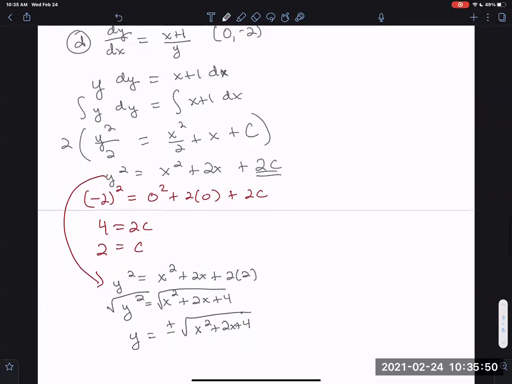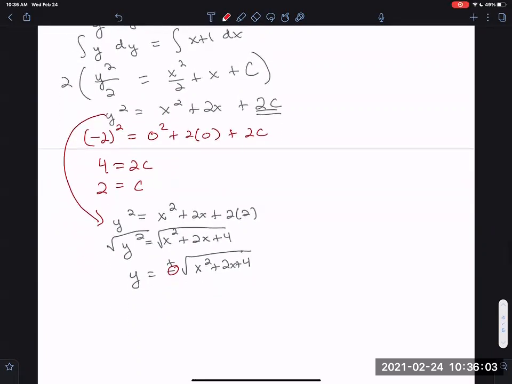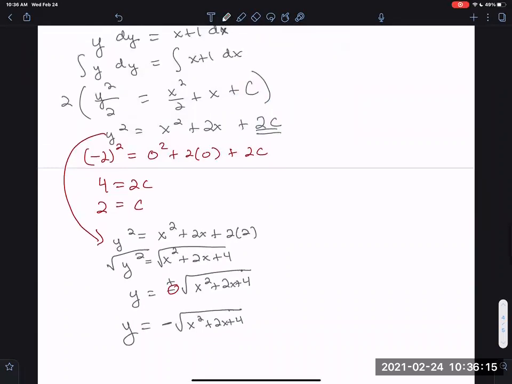Now I'm looking at my initial condition. If I need to get negative 2 as my answer, the only way that's going to happen is if I take the negative, or the opposite, of the square root. So my final answer.